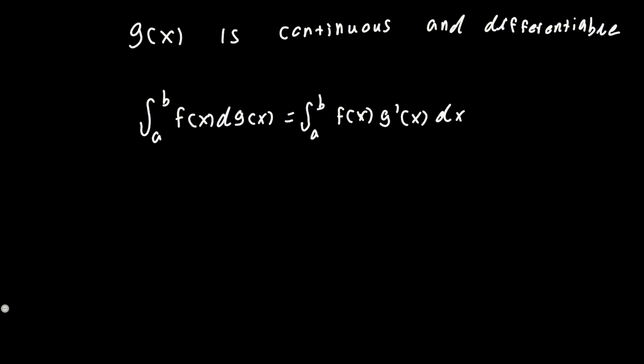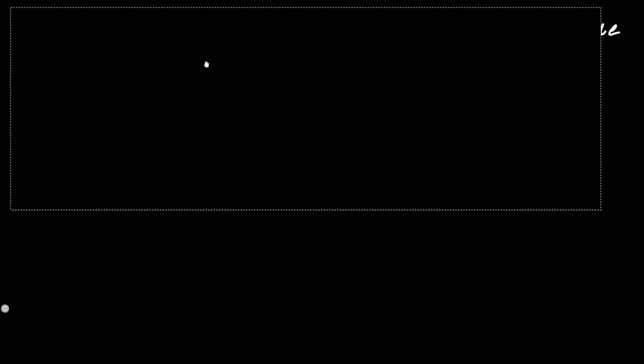So let's look at an example where we have g as a continuous function. We're going to have the integral from 0 to 1 of x plus 2, and we're going to integrate with respect to x squared plus 1. So first, let's look at d of x squared plus 1.